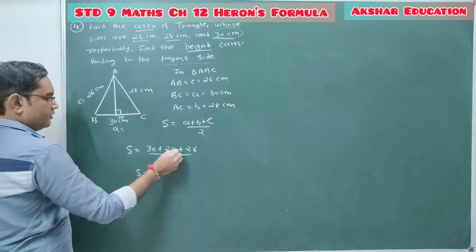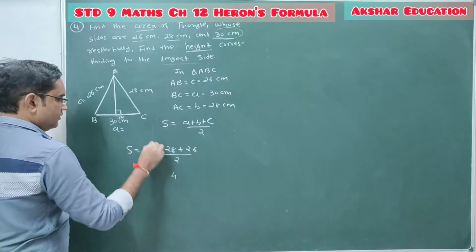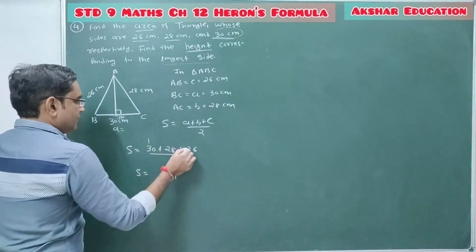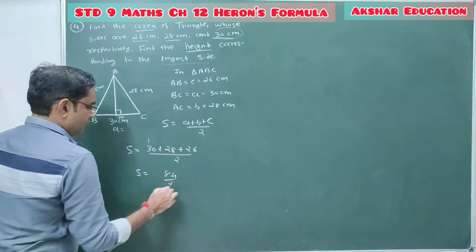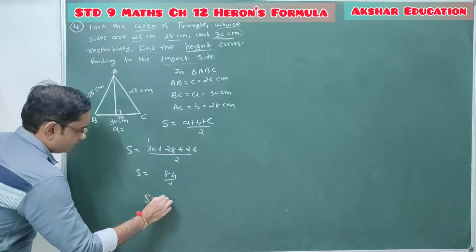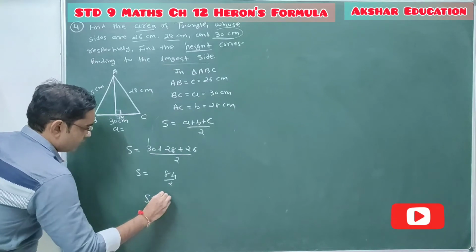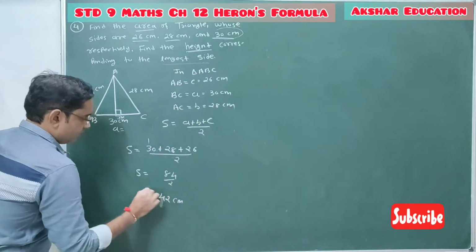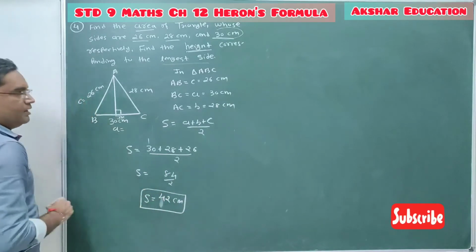So S equal to 84 by 2, so it's 42 centimeters. Length is given in centimeter, so it's centimeter.